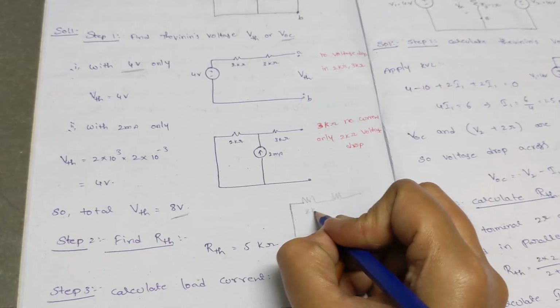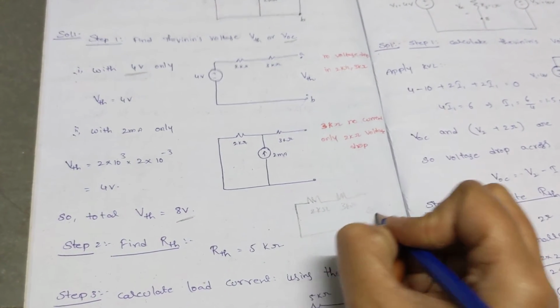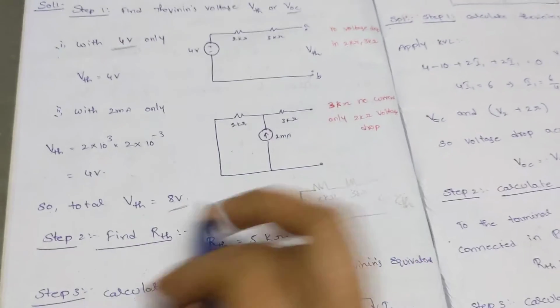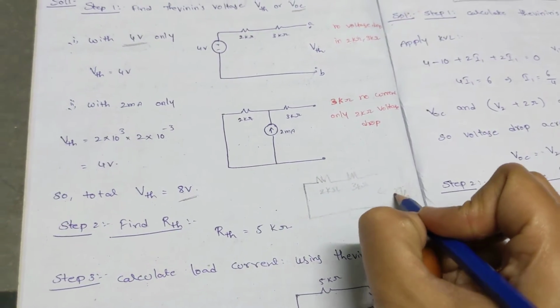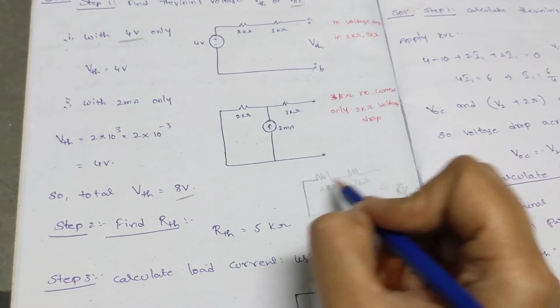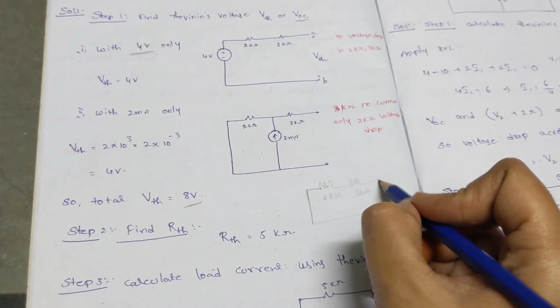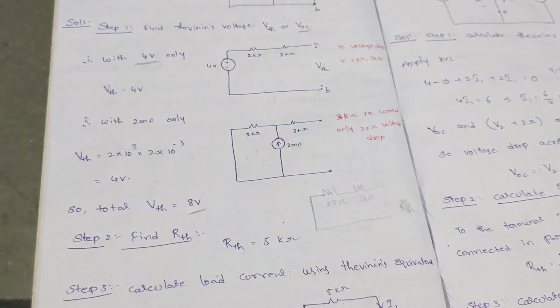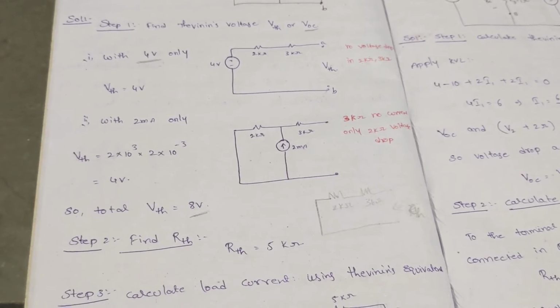This is 2 kilo ohms, this is 3 kilo ohms, this is your ZTH. So when I consider this ZTH or RTH, there is no issue. These two are in series, so it will be 5 kilo ohms across these terminals. So your RTH will be equal to 5 kilo ohms.